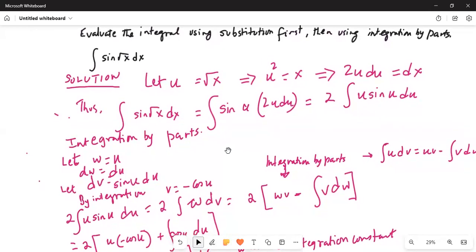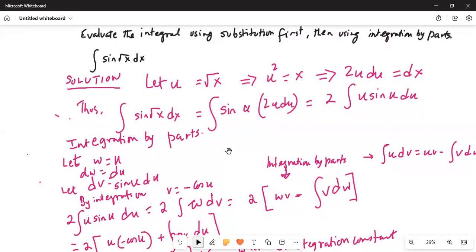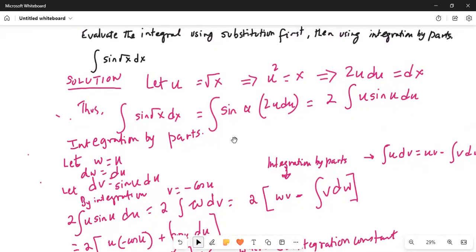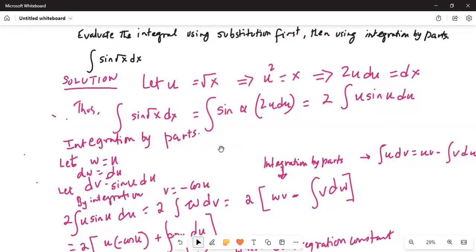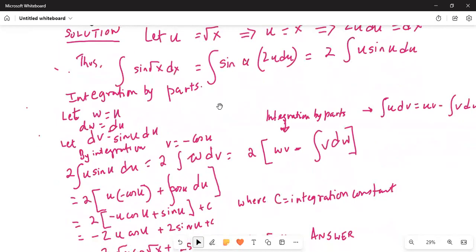Thus the integral of sine square root of x dx is sine of u times 2u du, or 2 comes outside, the integral of u sine u du.